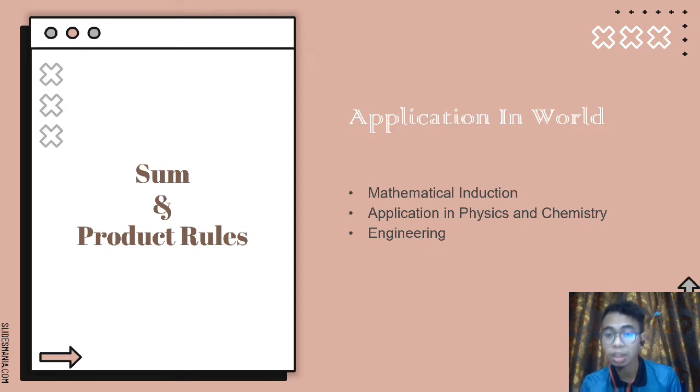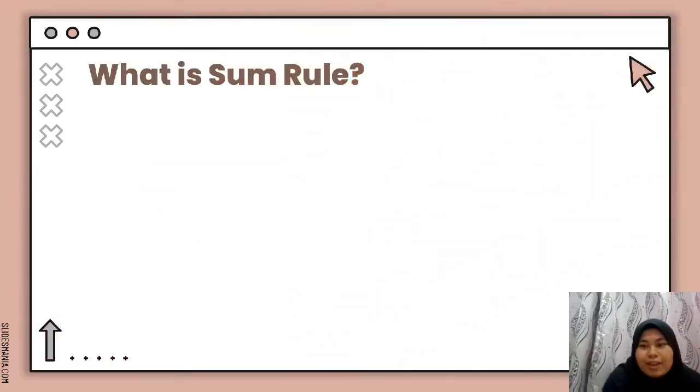For chemistry, differentiation is commonly used to calculate the rate of reaction, and in engineering it is commonly used to determine the minimum and maximum of a particular function. In this topic, I will explain what the sum rule is.